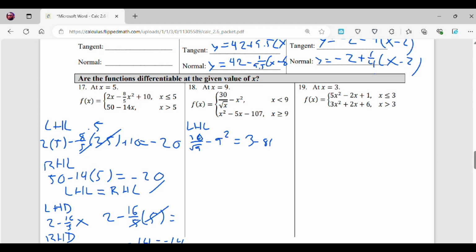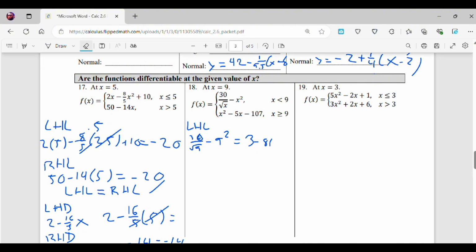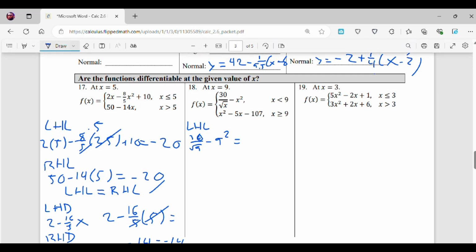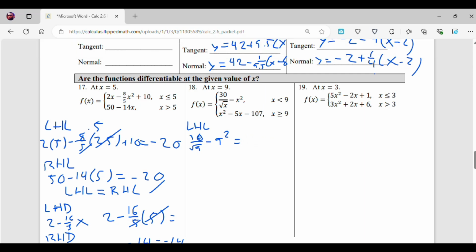So 3 minus 81, or sorry, hold on. I'm tripping. 30 over square root of 9 is 30 over 3. I wrote 3 because I said 3 last. It's actually 10. 30 over 3 is 10, minus 81, so that's negative 71.